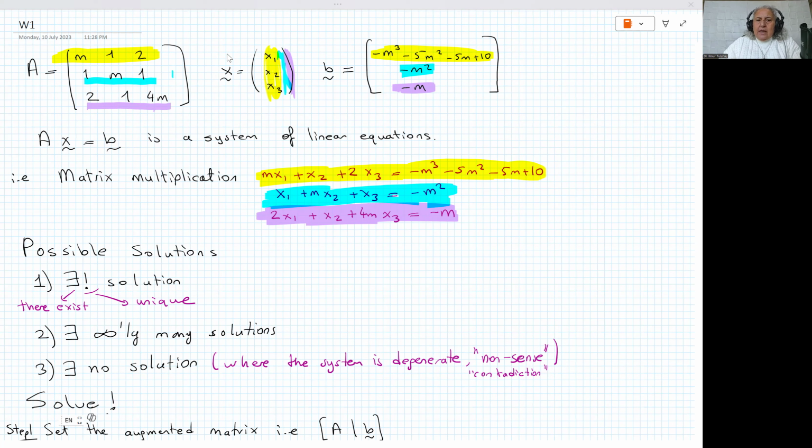So AX equal to B is the linear system of equations. This linear system of equations and AX equal to B are all equivalent. This one is equivalent to this one. It's exactly the same in mathematics.